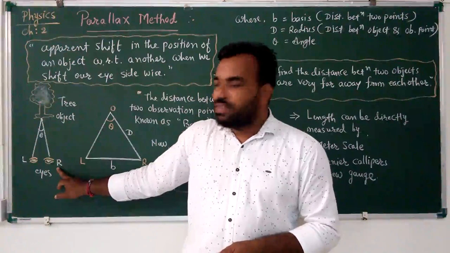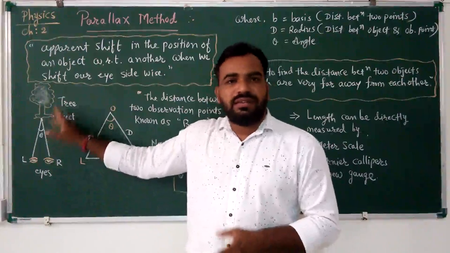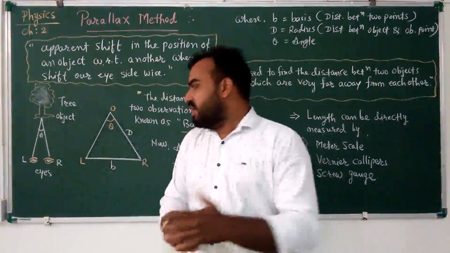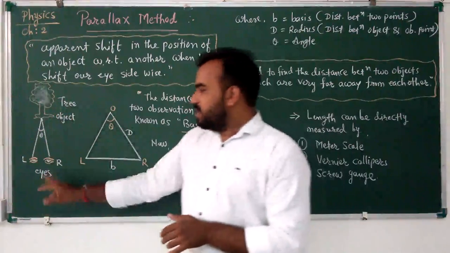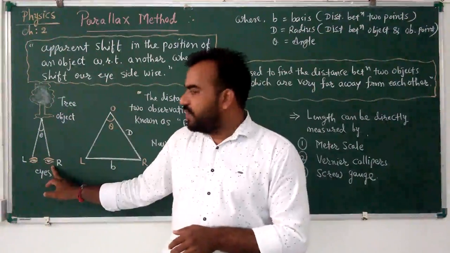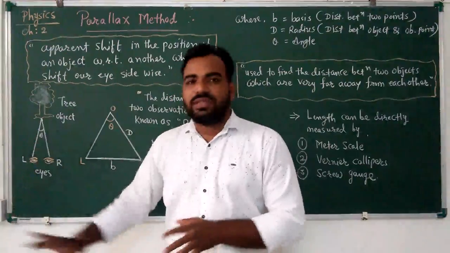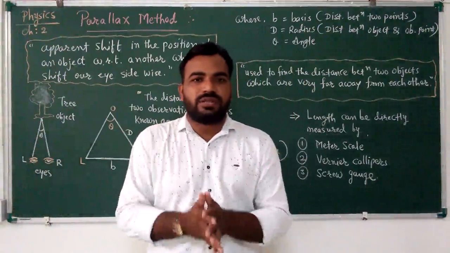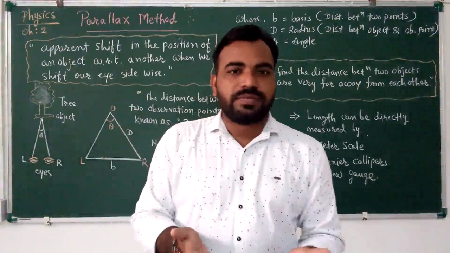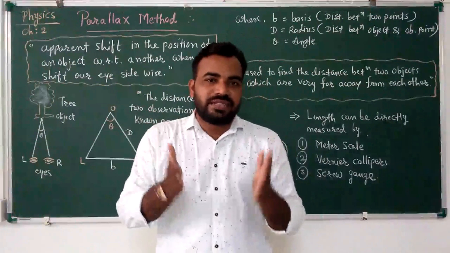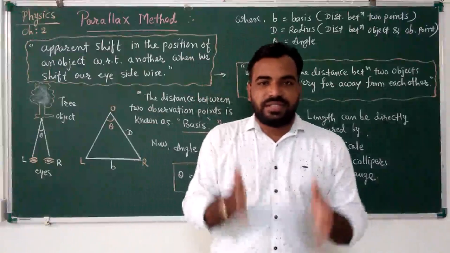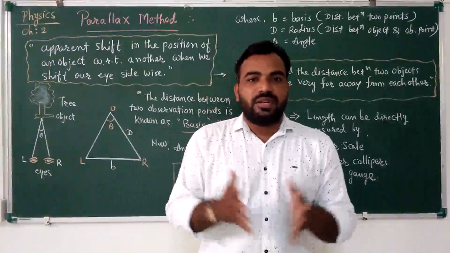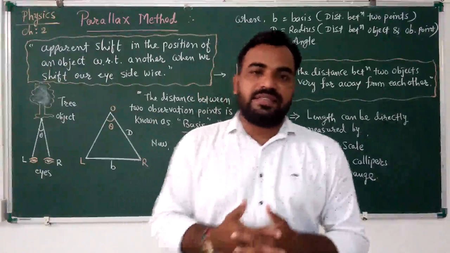Using this eye, we are observing this object. There will be some position of this object, right? In second case, we close this eye and we are observing this object using left eye. The position of an object will be changed. It will be changed, right? So this change in the position is known as parallax.